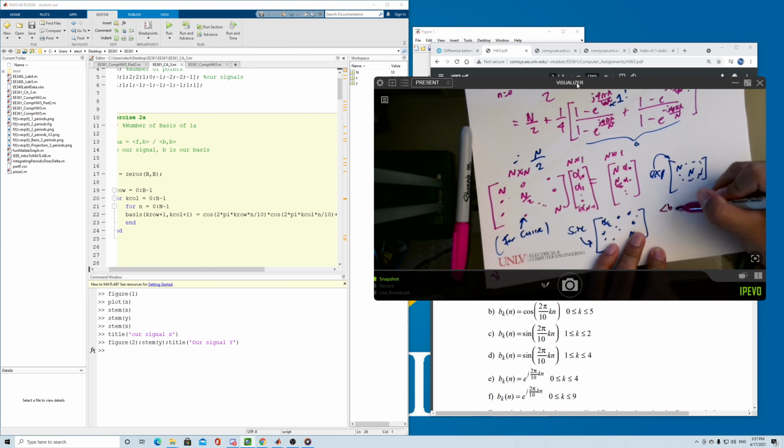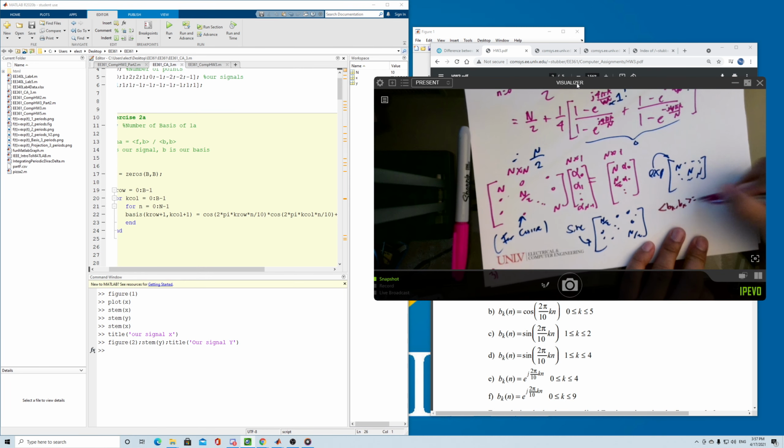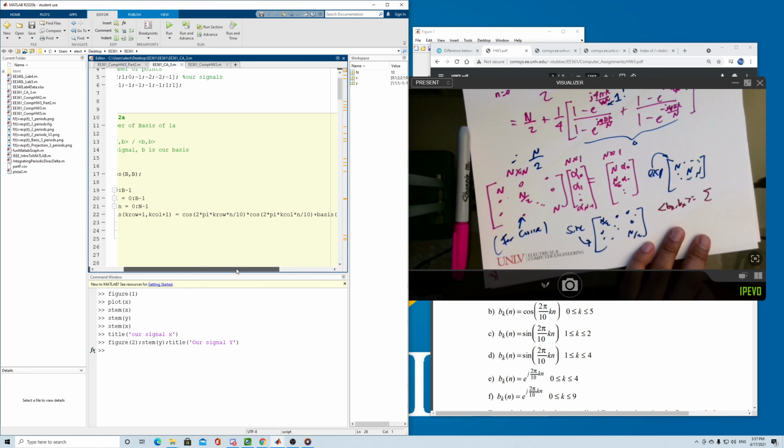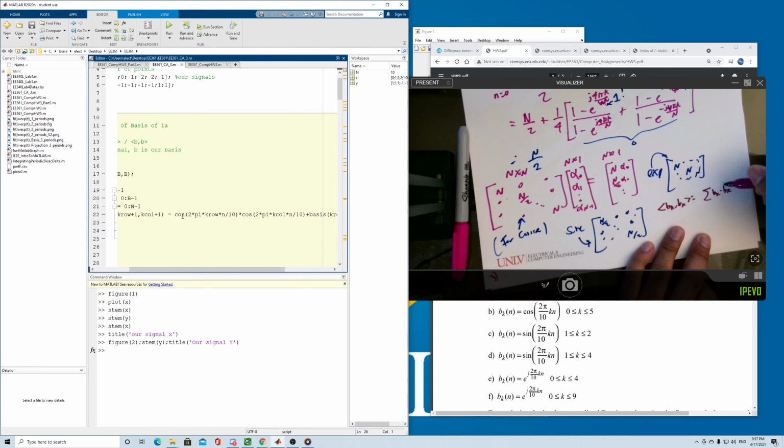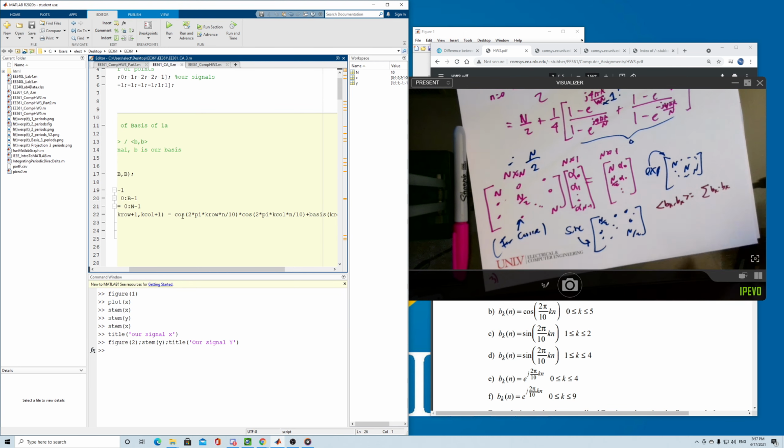So we know our inner product of k, b of k, is going to equal some summation of one basis function times basis k, not complex conjugated though.